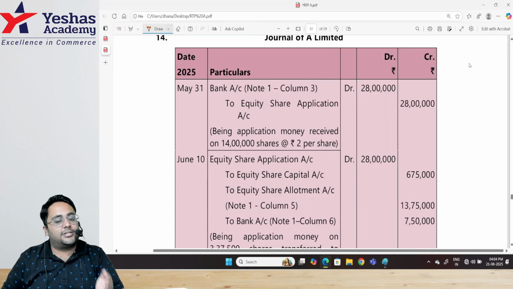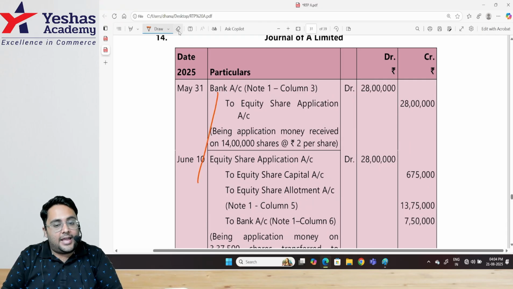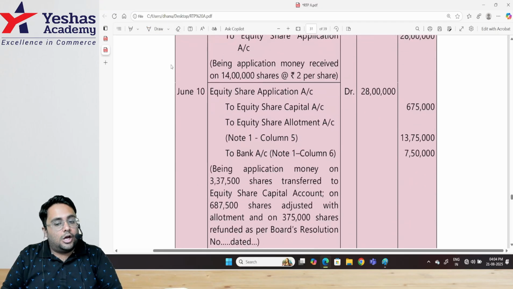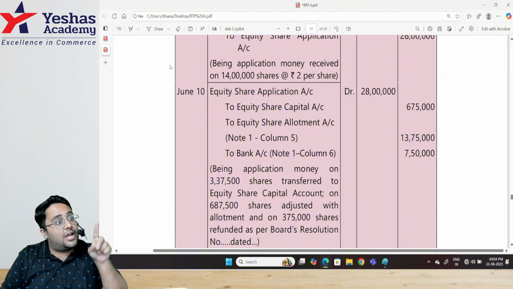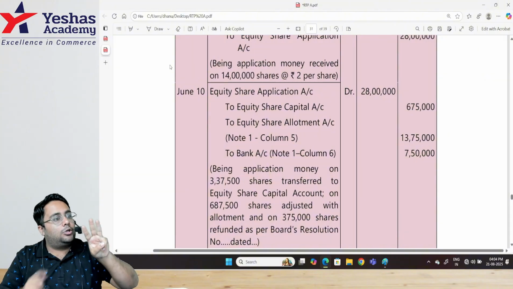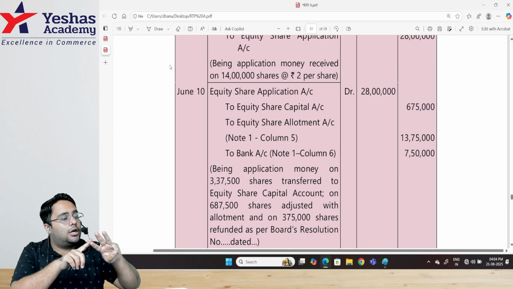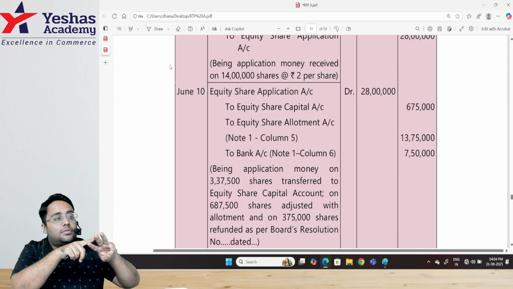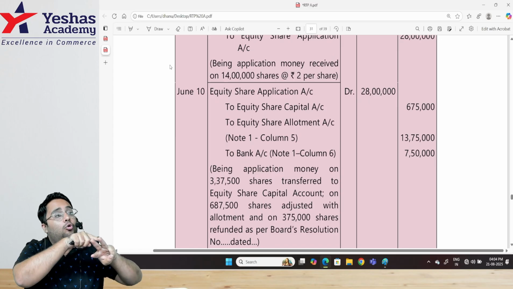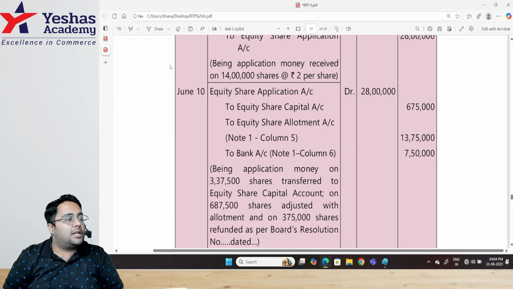Bank to share application. Then share application will be transferred where? To share capital, to share allotment, to bank. To share capital kitna? The number of shares which are allotted. To allotment kitna? The amount which is transferred. To bank kitna? The amount which is refunded.